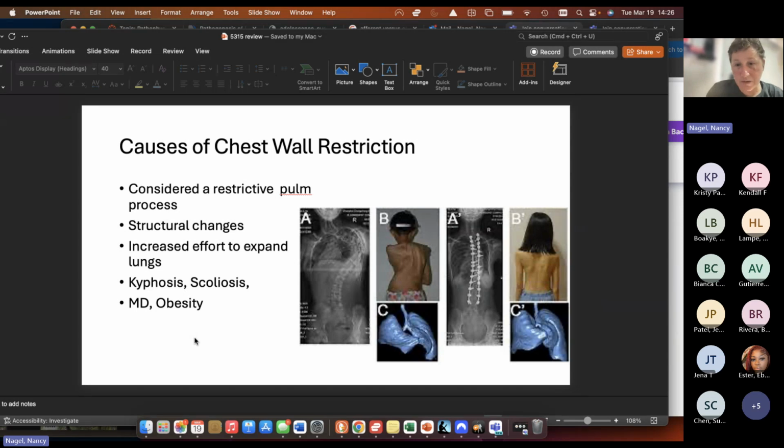Scoliosis kind of makes sense. But what about muscular dystrophy and obesity? So these aren't obviously structural issues.